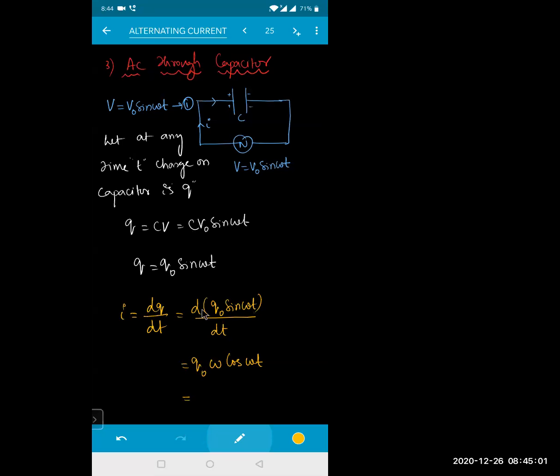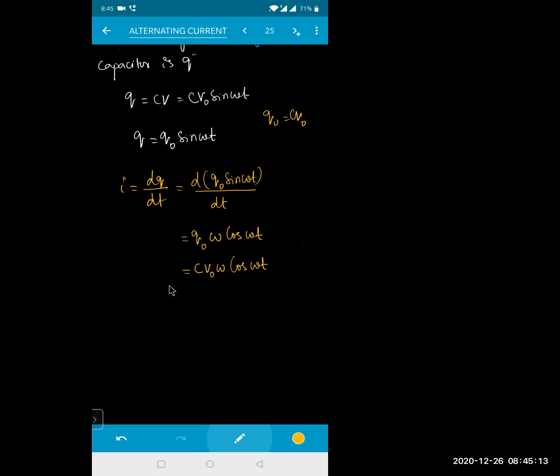Q naught value is equal to C into V naught. So this one is C into V naught into omega into cos of omega into t. Or else I can even write this as, V naught is a constant, so keep that V naught as it is, divided by 1 by C omega.